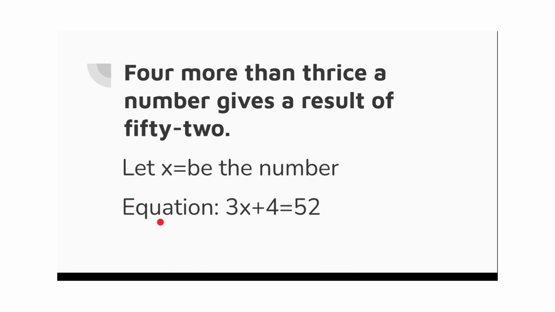Now we are ready to find the equation once we have our variable. It says 4 more than thrice the number. So you can see here, thrice of that number, 4 more, is 52, or gives a result of 52.